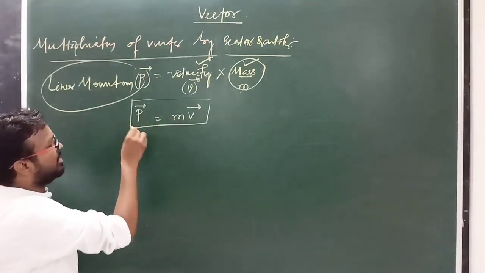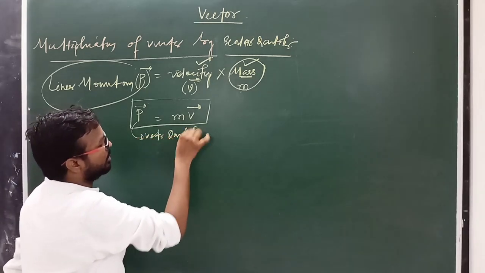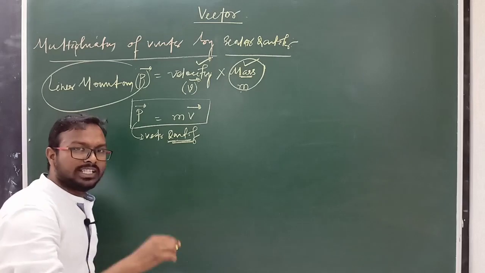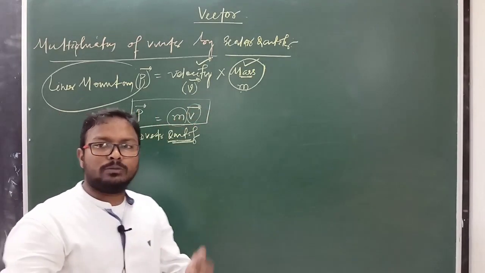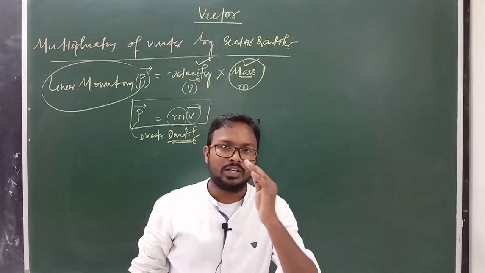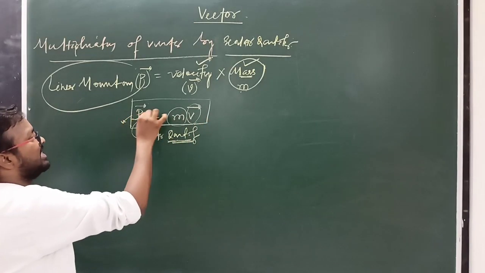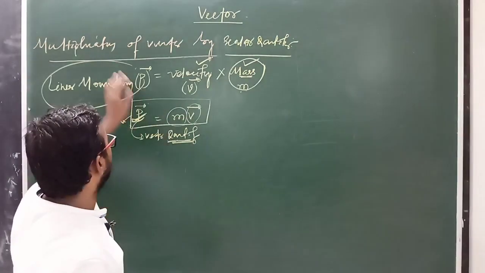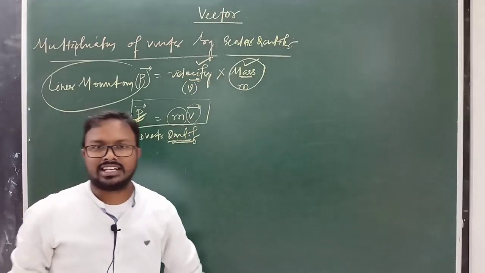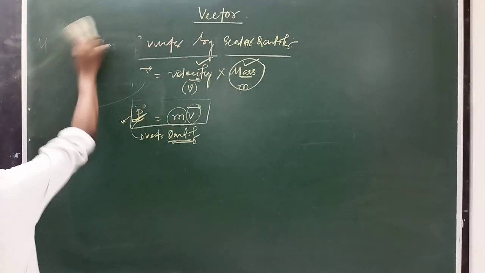That means momentum is a vector quantity. So this is the representation of a vector if we multiply a vector by a scalar quantity. Clear? Okay.